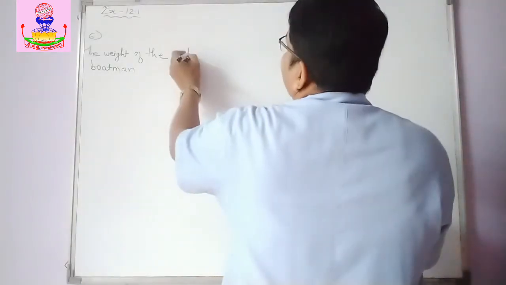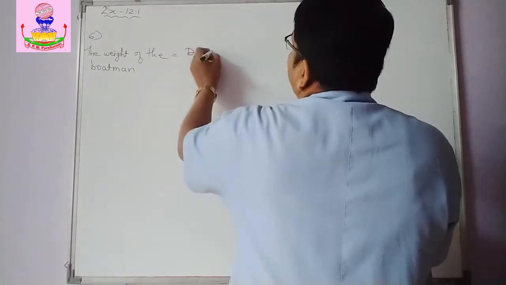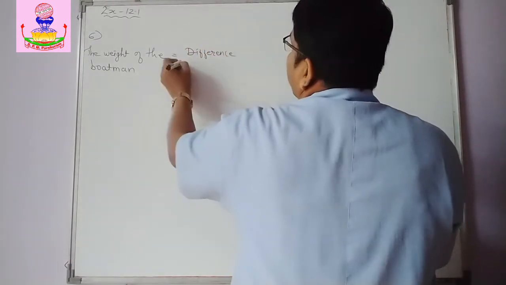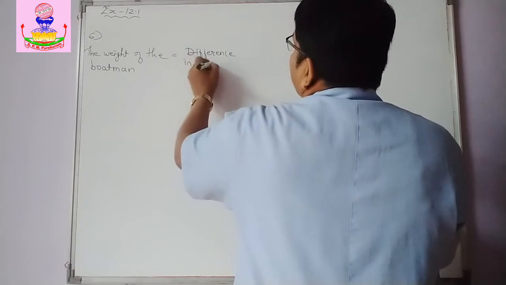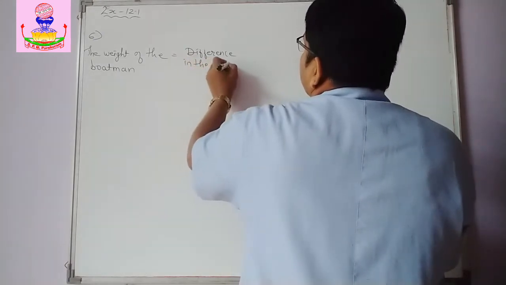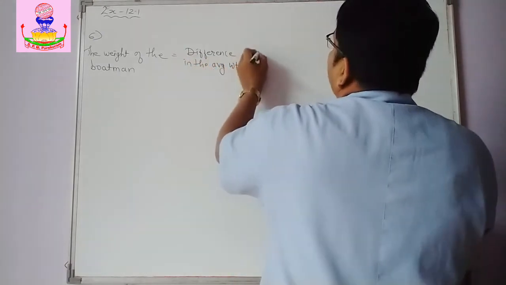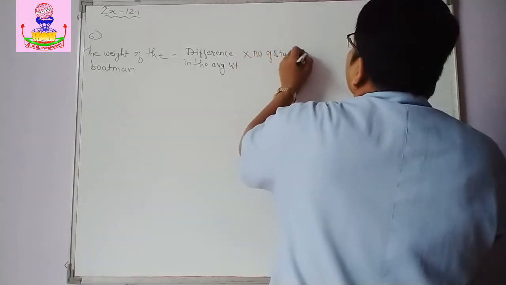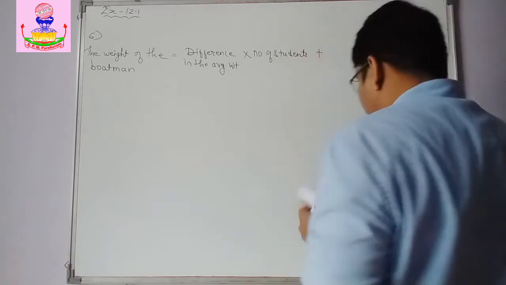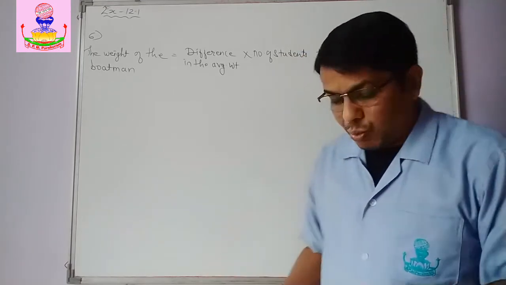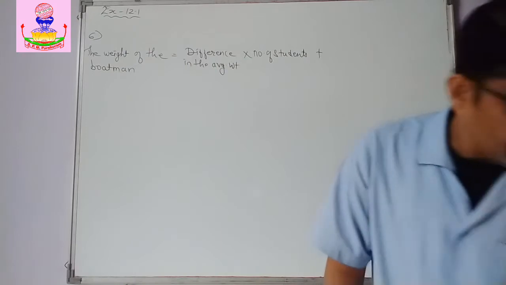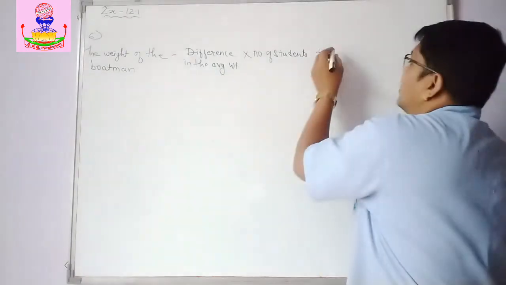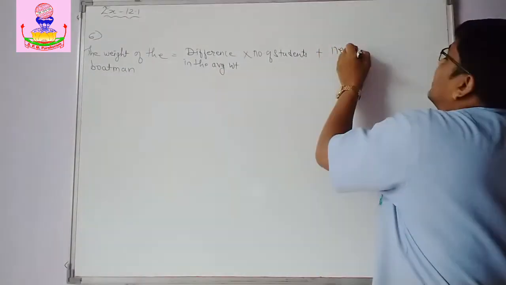difference in the average weight, just like the second example, multiplied by number of students, plus new average weight.